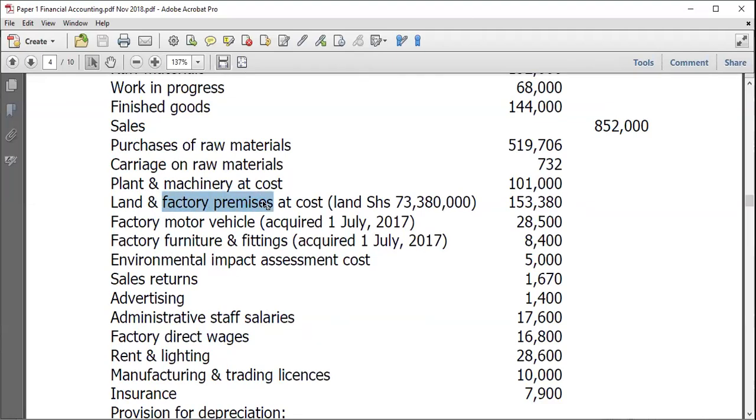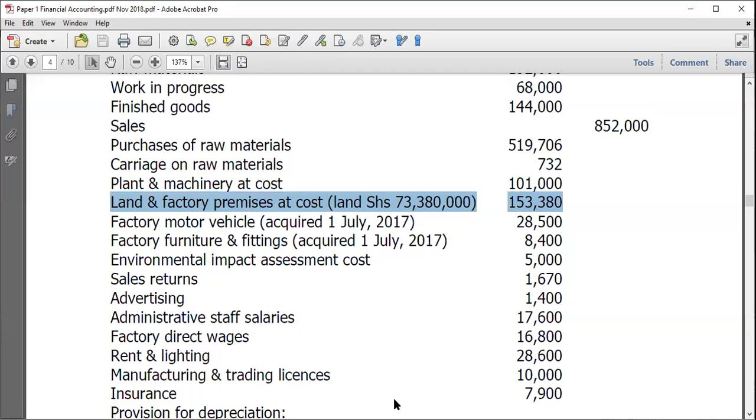They are telling me that this factory premise is of 153,380. But in total, that's land and factory, but land costs 73. So what I need to do is to find how much basically relates to only the factory premise cost, and I find its depreciation.